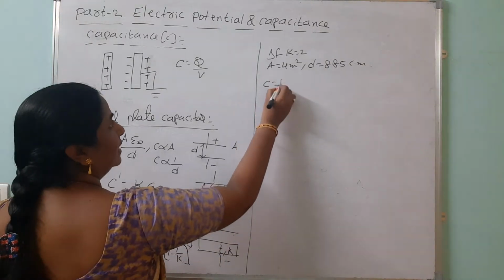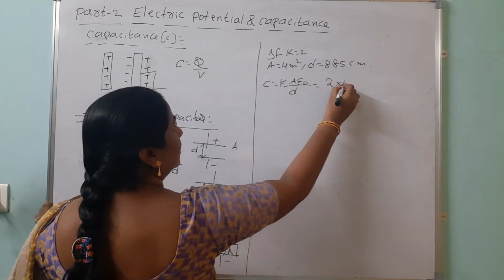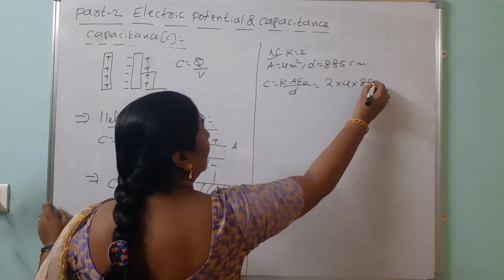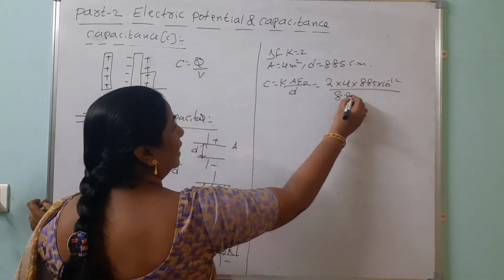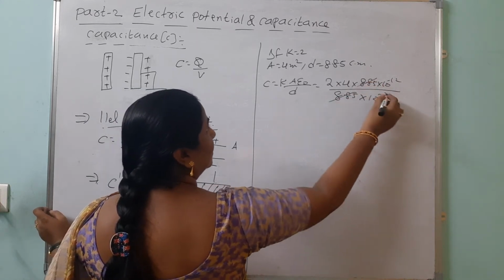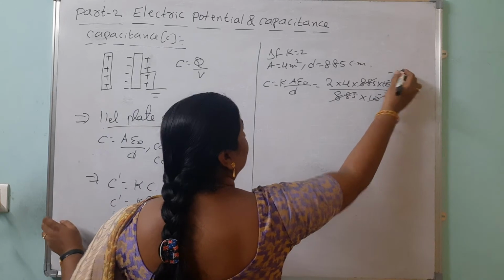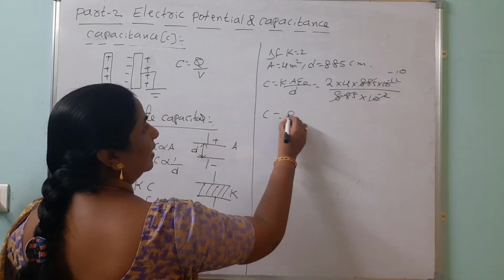C equals K into A into epsilon naught by D. 2 into 4 into 8.85 into 10 power minus 12. The distance is 8.85 centimeters, we should convert into meters. Then after simplification, here minus 10. Just for understanding I am giving this model. Finally our answer is how much?